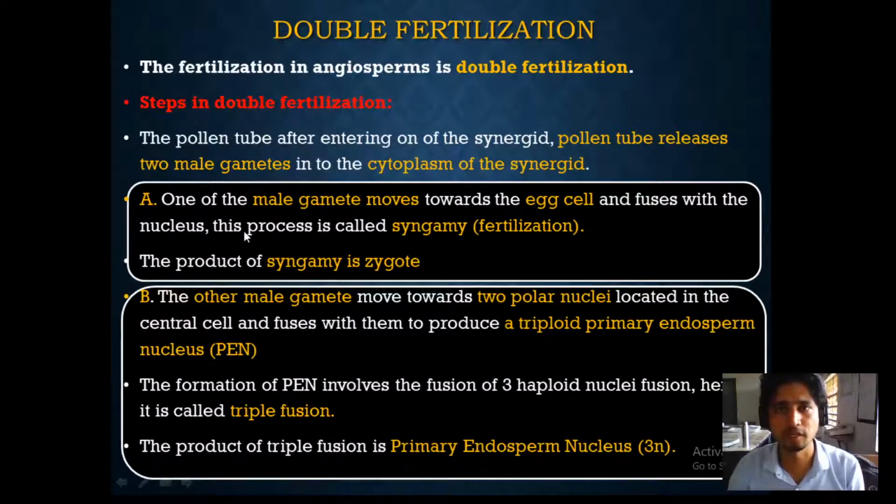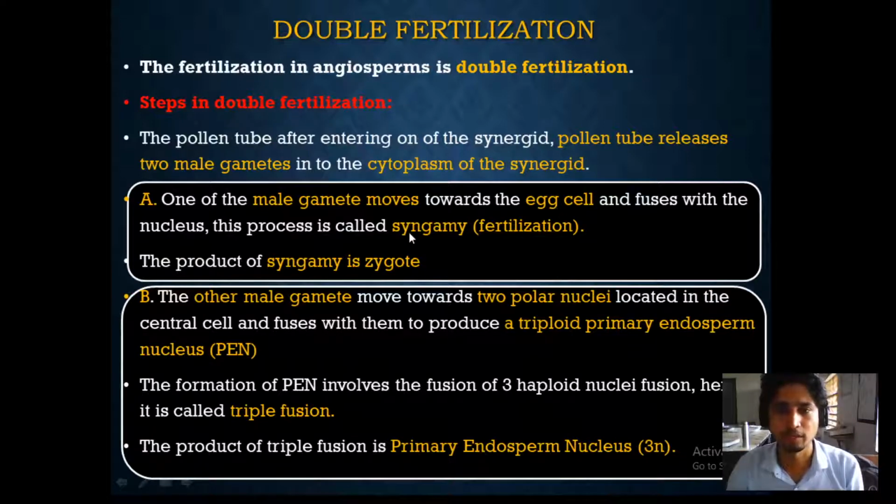The fusion of these two gametes is called syngamy. In syngamy there is a fusion of the male gamete with the egg cell. Syngamy is also called fertilization. Fertilization is nothing but the fusion of male and female gametes.